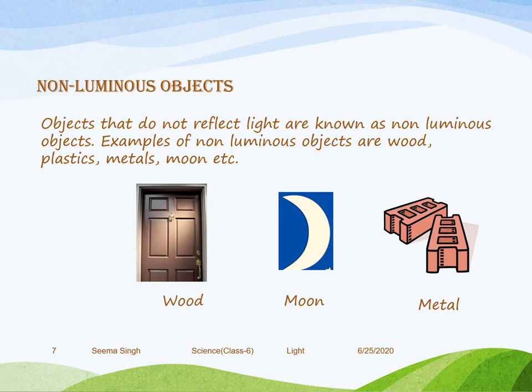Wood, plastic, metal, moon, etc. Why moon? Because it does not have the light of its own. It reflects the light that it gets from the sun. So, these are the non-luminous objects. I hope we were able to understand till here. Now let's move further.